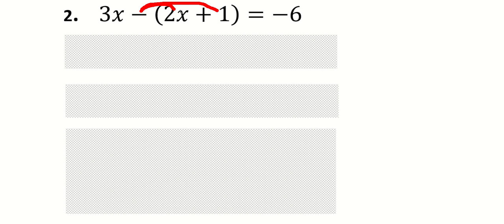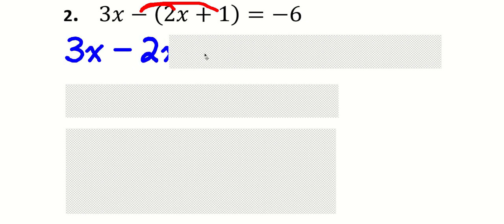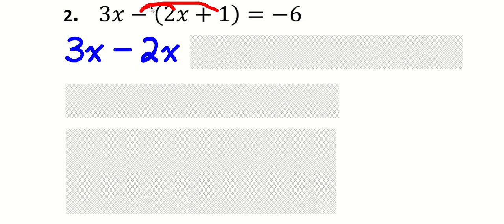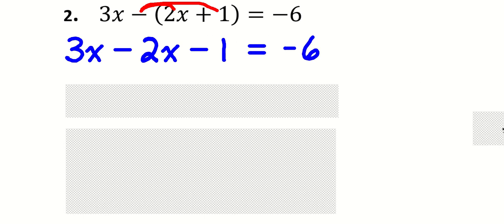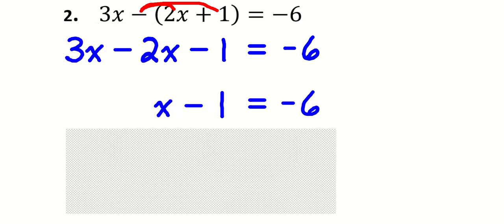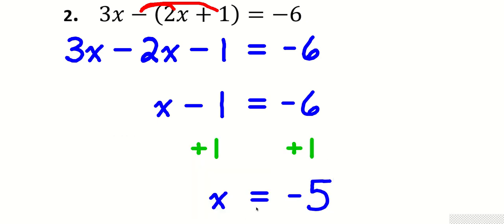So negative 1 times 2x is negative 2x, and then negative 1 times 1 is negative 1. And then you would notice that these like terms can just combine because they're on the same side. So they just become 1x, or x. And then all you've got to do from here is cancel out this minus 1 by adding it, and you get a final answer of negative 5.